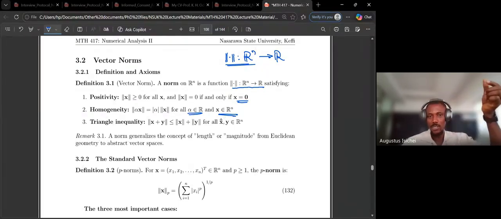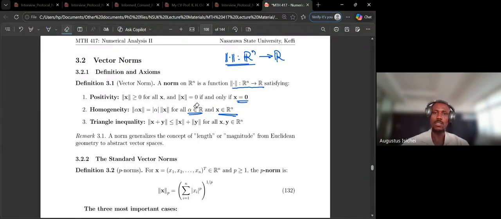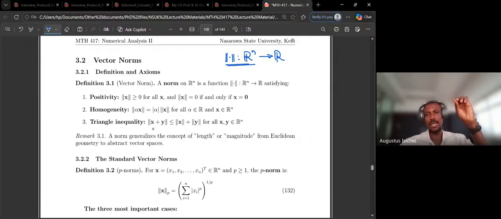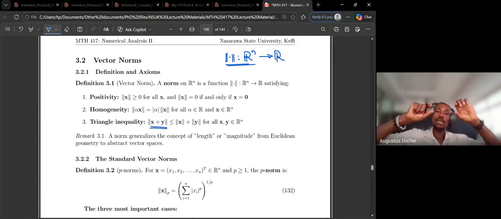And once that function satisfies the two properties, positivity and homogeneity, the third property you want to look at is called the triangle inequality. Does the norm, or the function, satisfy the triangle inequality property? What does it mean mathematically? It means that when you take two vectors in the space, x and y, you sum the vectors, you add them up, and take the norm.